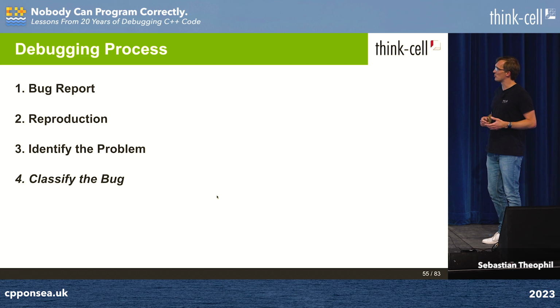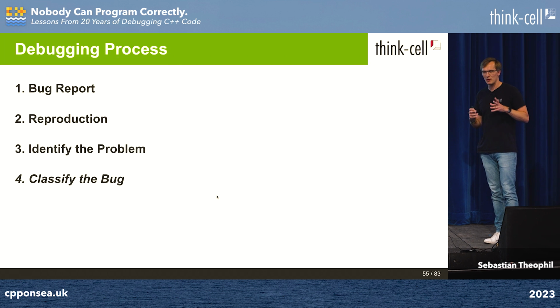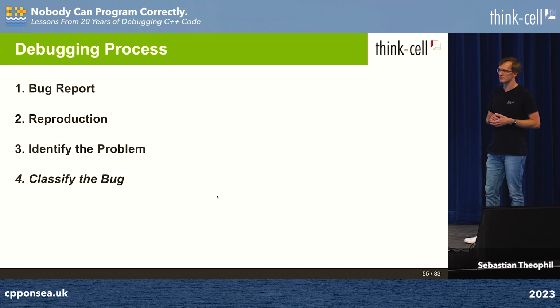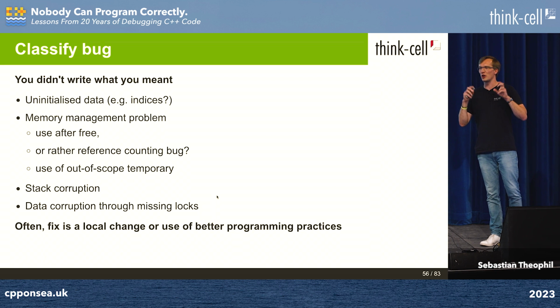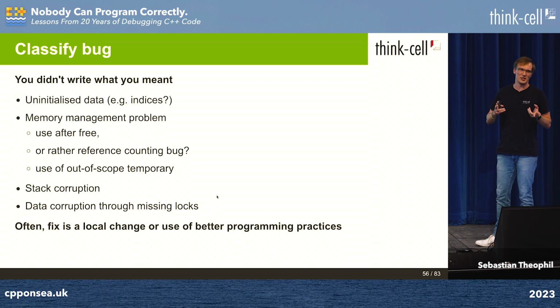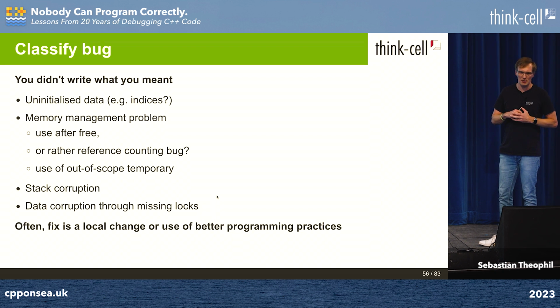Now that we've found the problem, we have to take a moment and think about what kind of bug this is before we can proceed to fixing it. There are two kinds of bugs, I would argue. There's the small bug, I would call it, you didn't write what you wanted to write. You made a small mistake.